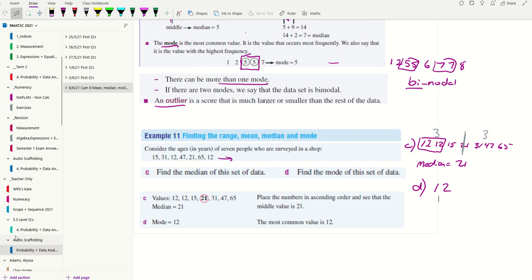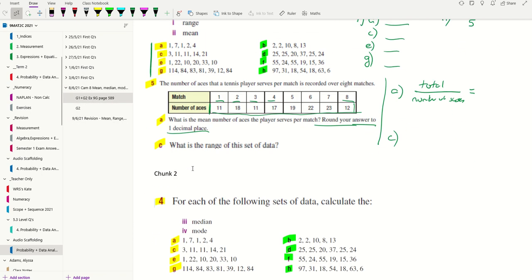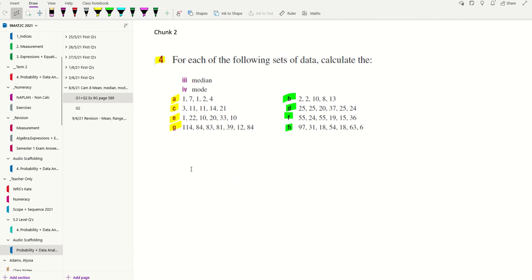Looking at our chunk questions, if we look at these exercises down here, it's the same exercise. For each set of data, calculate the median and the mode. So again, what we need to do in the first instance is just set them up so that they are in order.